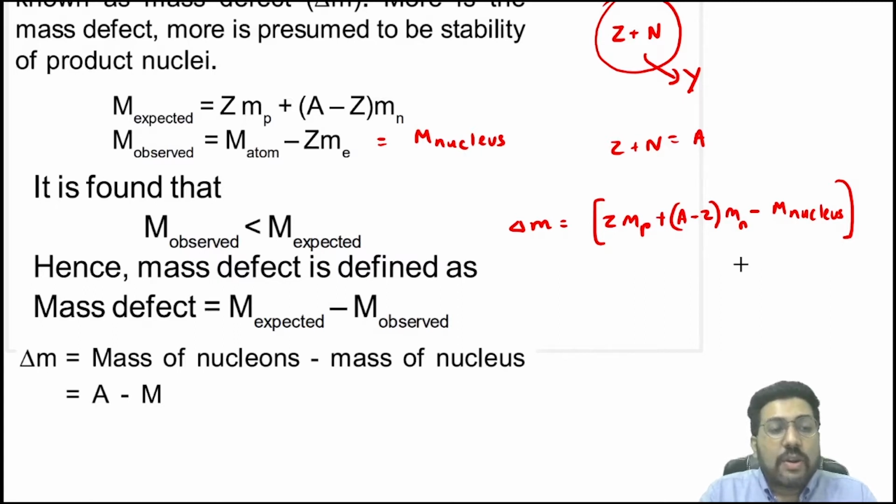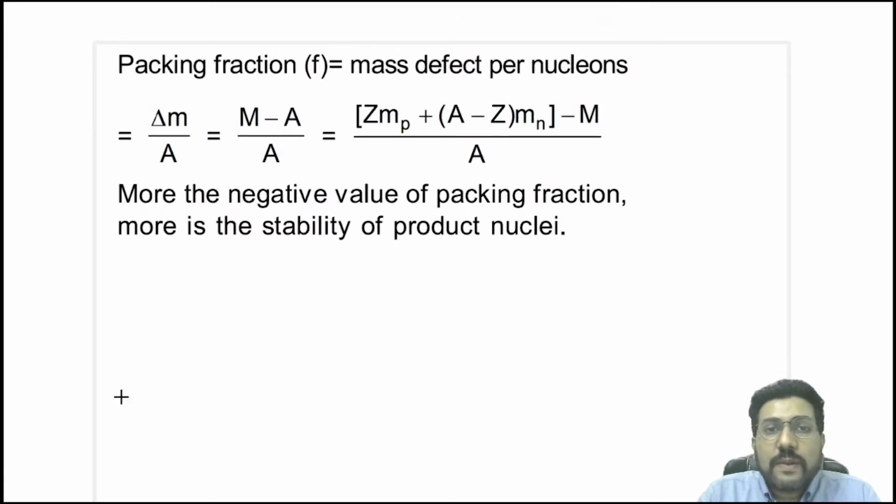Okay, now delta m means mass defect is represented by delta m. So delta m can also be written like this: delta m is mass of nucleons minus mass of nucleus. Okay, so mass of nucleons is A minus mass of nucleus is suppose M. There is one more term called packing fraction.